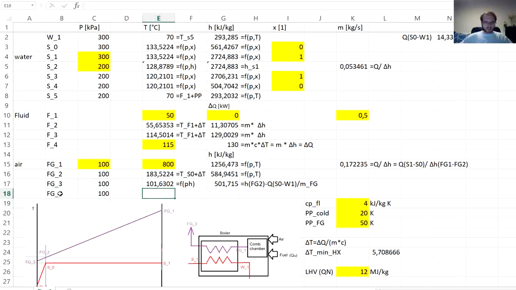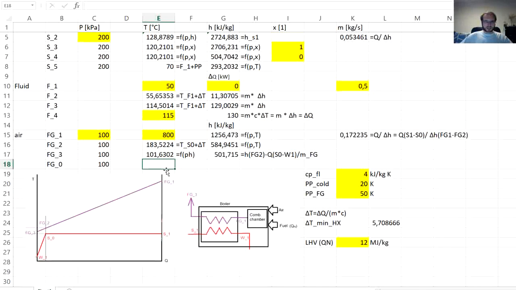We will say it's at the same pressure, but at the temperature with respect to which the lower heating value is evaluated, which is typically 20 degrees C. So now we will get the enthalpy for that point, which will again be a function of pressure and temperature.